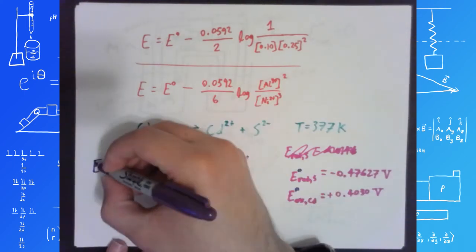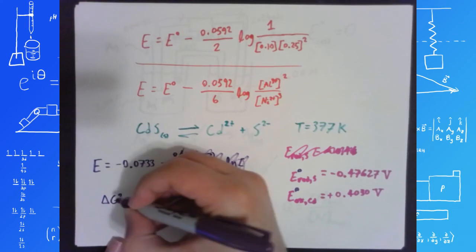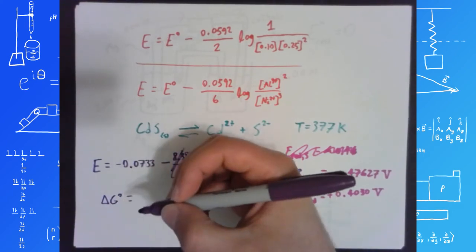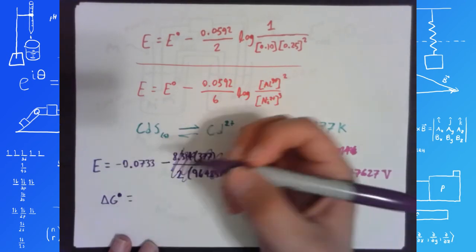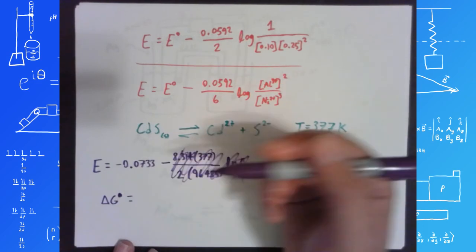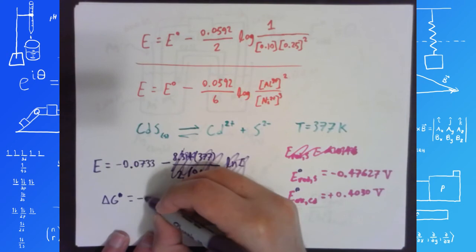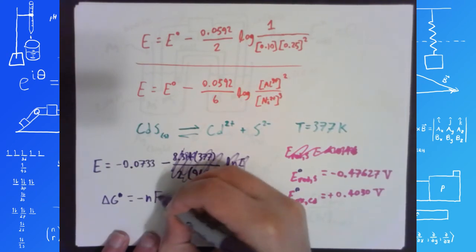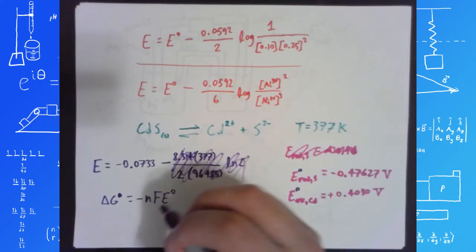Okay, so E is just equal to E standard, and then delta G standard, they don't want the standard free energy, they want the equilibrium constant, which is calculated from the standard delta G. So delta G standard equals negative NFE standard. Okay, here we go. I was having a brain malfunction earlier.